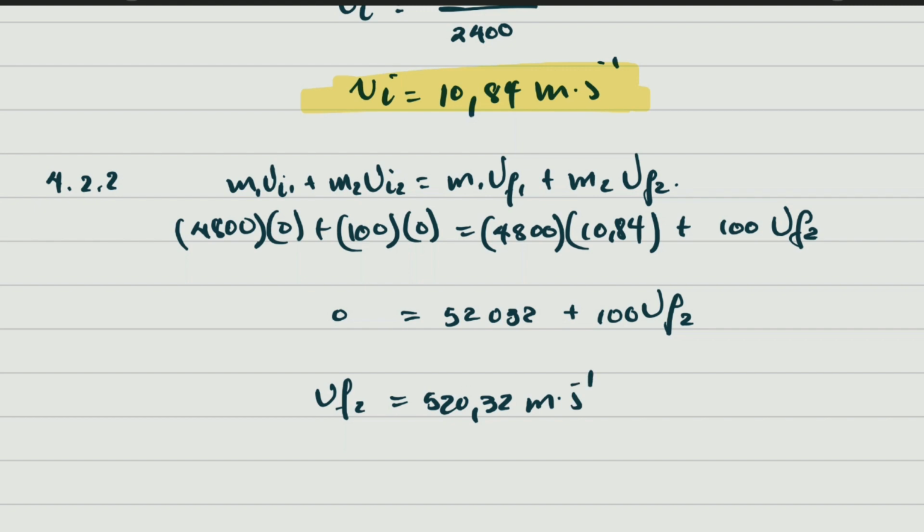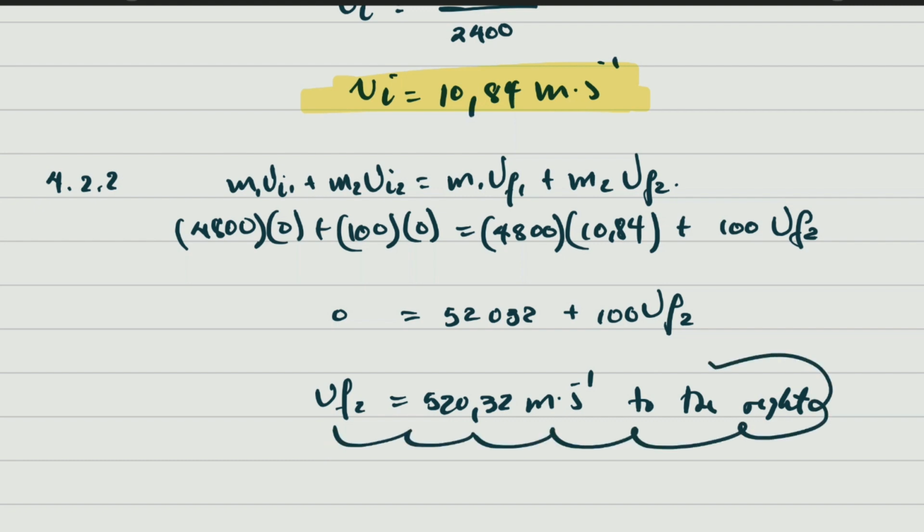And this is the final answer of the question, because they're asking the velocity. And guys, this is the end of this challenge question, that was not so challenging anymore.